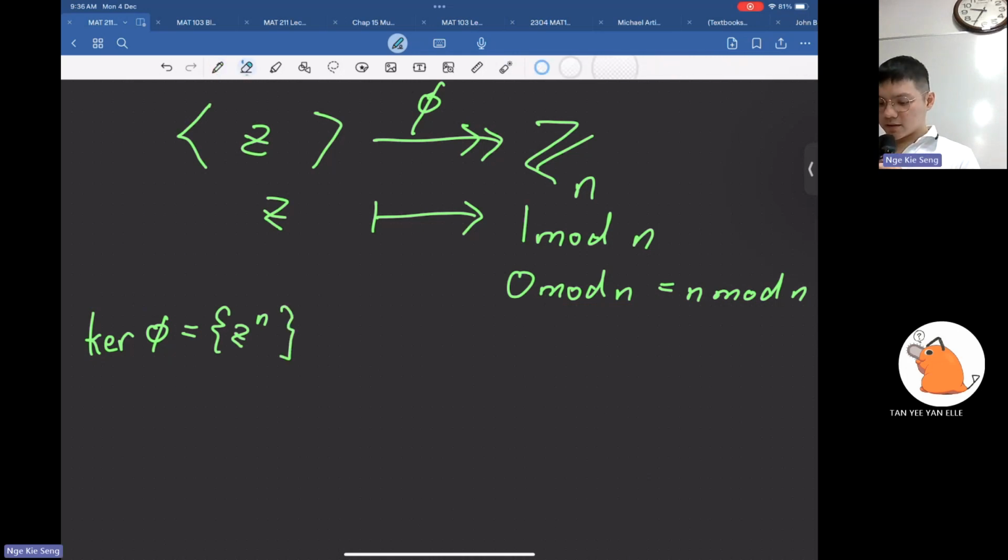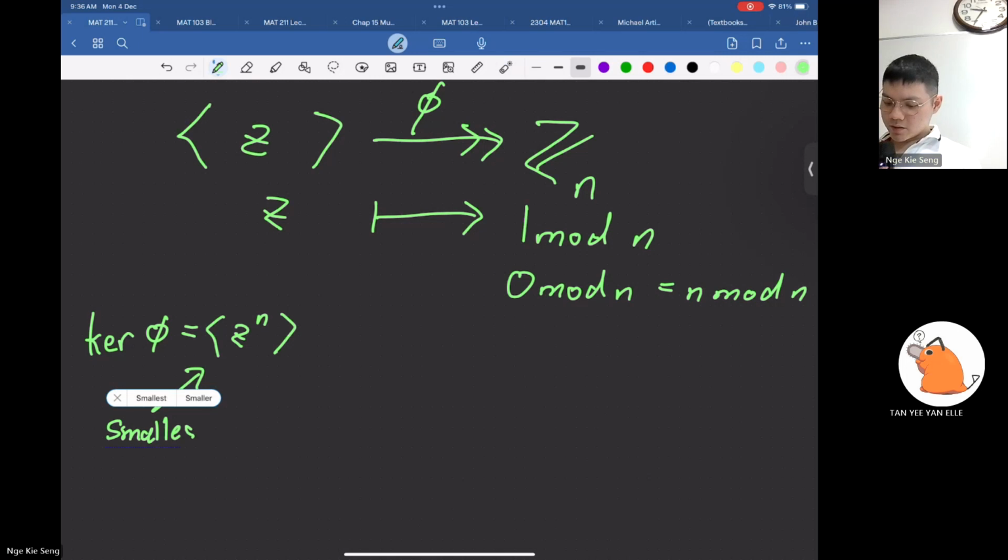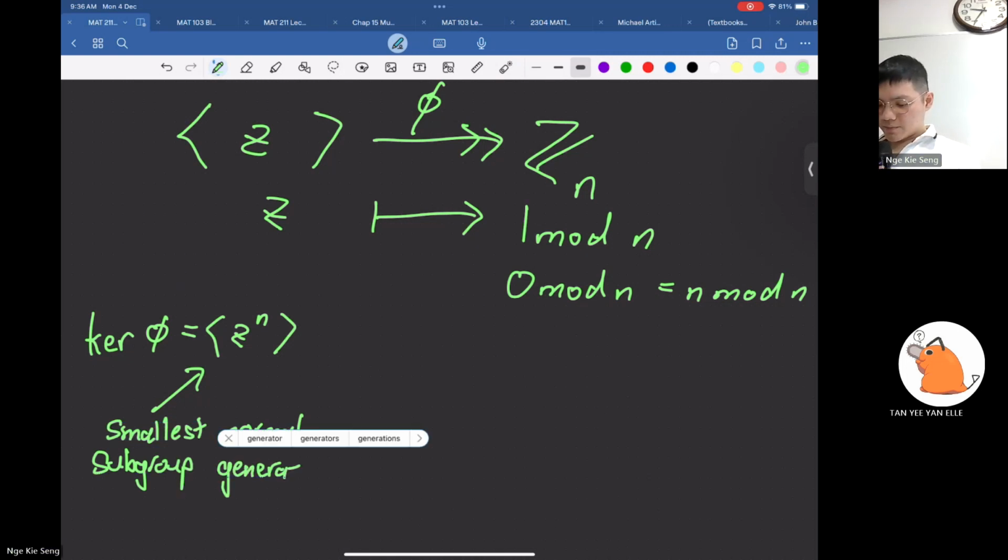Okay, so this is the kernel of phi, the normal subgroup, the smallest normal subgroup generated by Z^n.